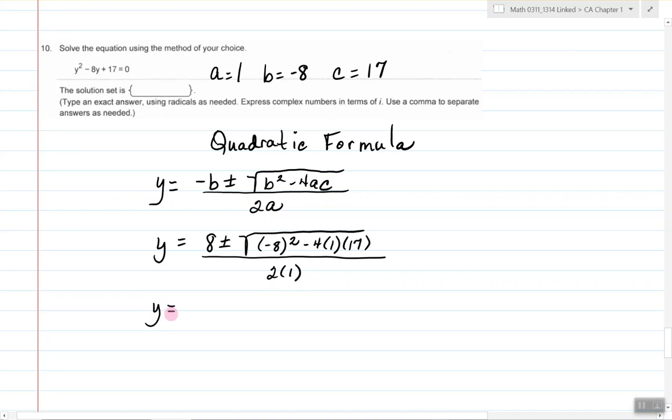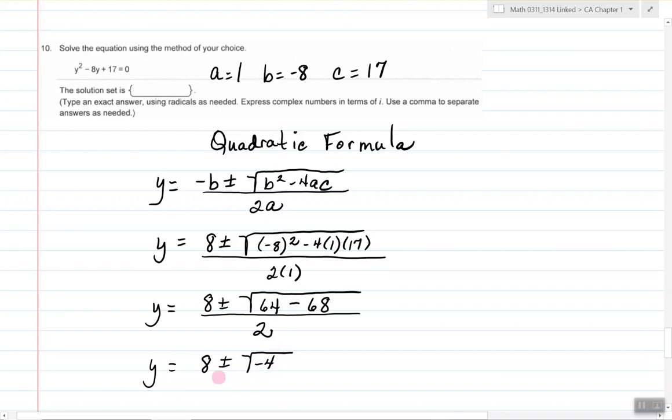Use your calculator to do any calculation you want. I have 8 plus or minus the square root of negative 8 squared, which is 64, minus 68, over 2. So I have y is equal to 8 plus or minus the square root of negative 4 over 2.